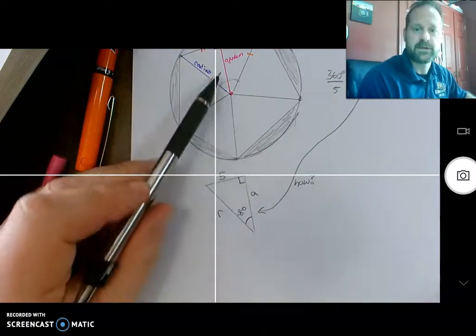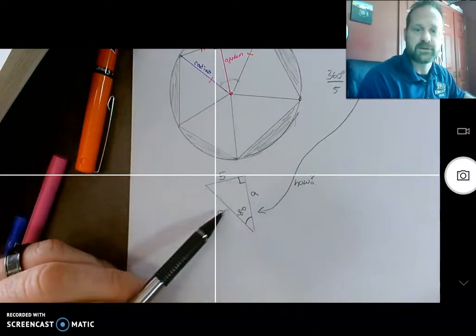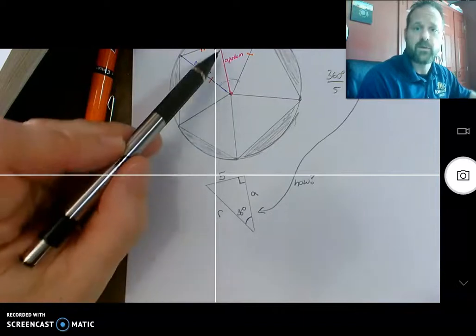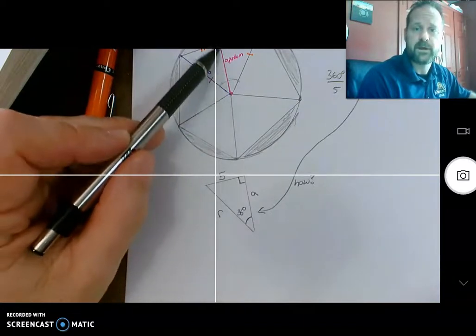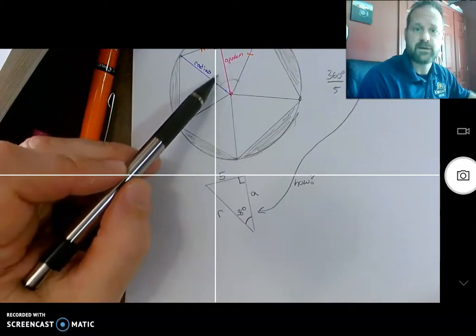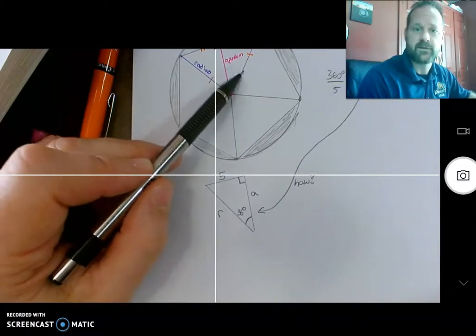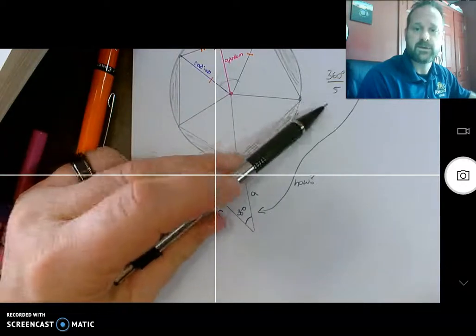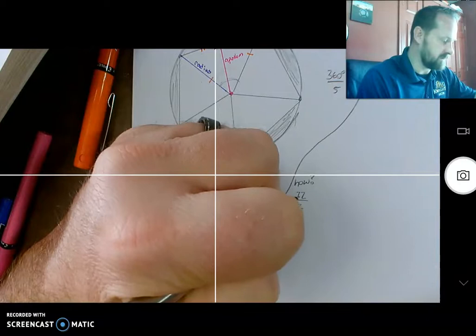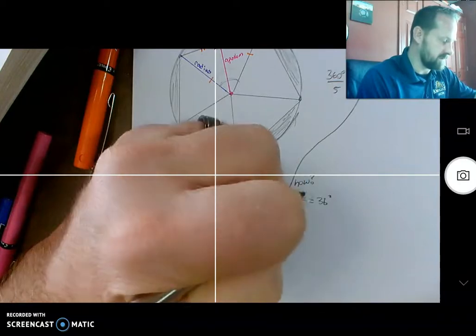And then I'm going to take this triangle and put all the parts. I need R and I need A. And I know that's 36 degrees. Again, how? Well, remember the apothem splits this, and so it makes this angle congruent to that angle there. So 72 divided by 2 equals 36 degrees.